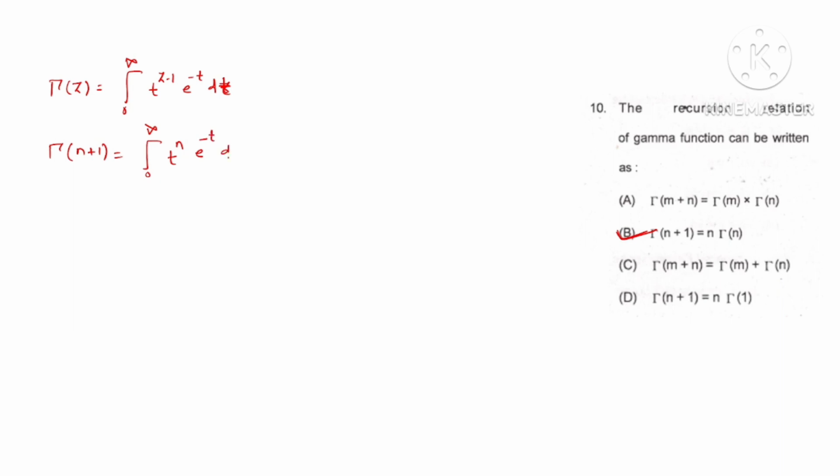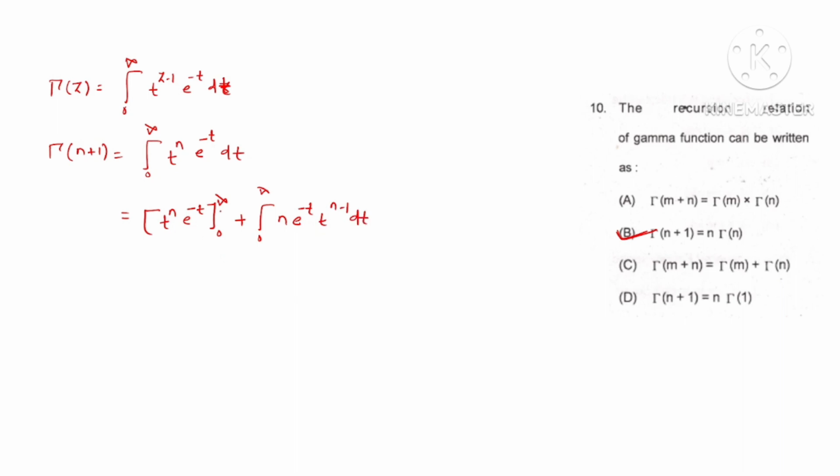t dt, right? And by using the integration by parts method, the integration can be solved as t to the power n e to the power minus t from 0 to infinity, minus, and the minus will become plus, the integral from 0 to infinity of n t to the power n minus 1 e to the power minus t dt, right?